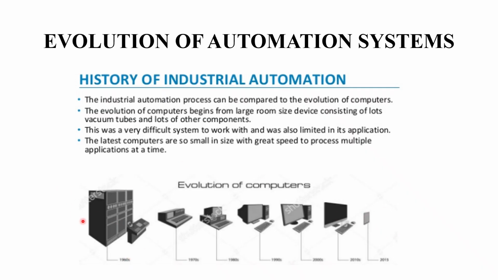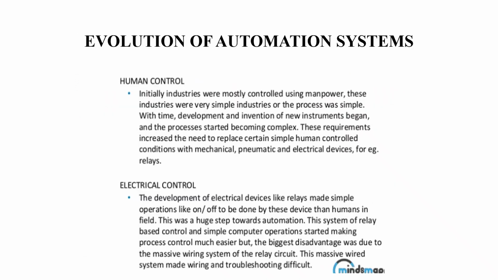The thing to be noted here is that the bigger computer was very difficult to use, and the memory capacity was lesser in those days. Coming to the modern computer, the memory capacity is very vast. That has to be noted first.